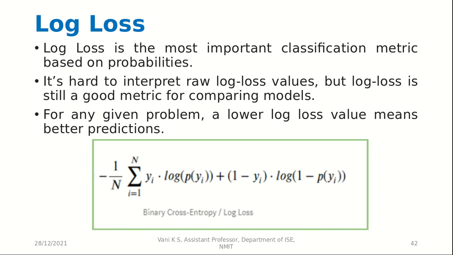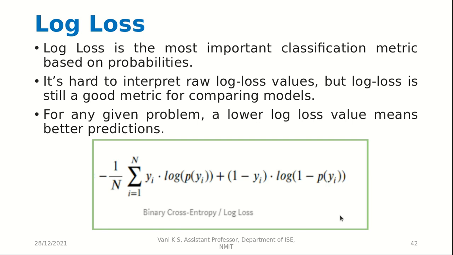So how do we calculate log loss? We get minus 1 upon n, then sigma from i is equal to 1 to n, yi into log of p of yi plus 1 minus yi into log of 1 minus p of yi.